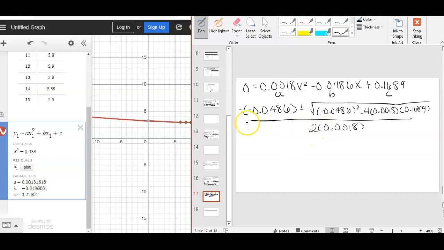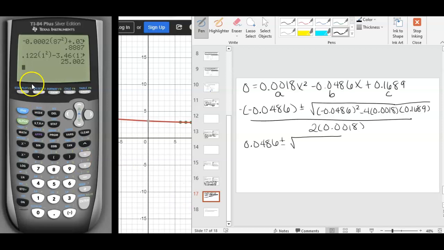Okay, so now let's work on some simplifying. So I have 0.0486 because the two negatives cancel, plus or minus the square root. Okay, let's figure out what we have under the square root. So we have negative 0.0486 squared, and then minus 4 times 0.0018 times 0.1689. And if we hit enter, that tells us we have 0.00114588.